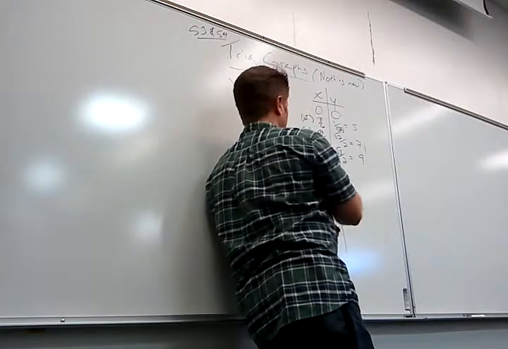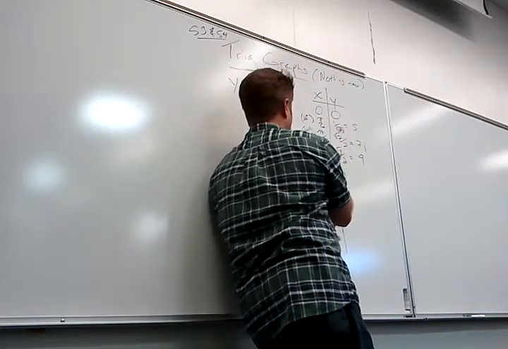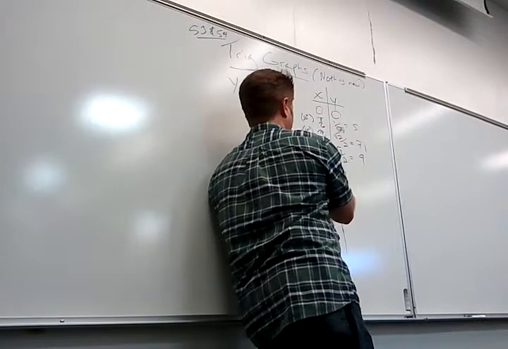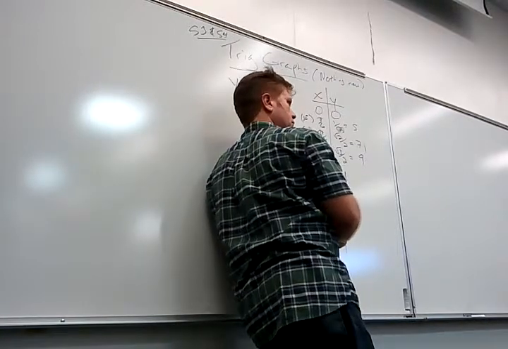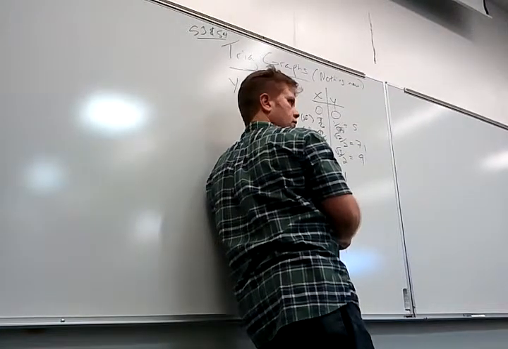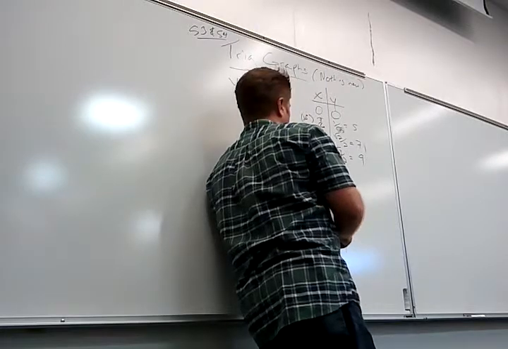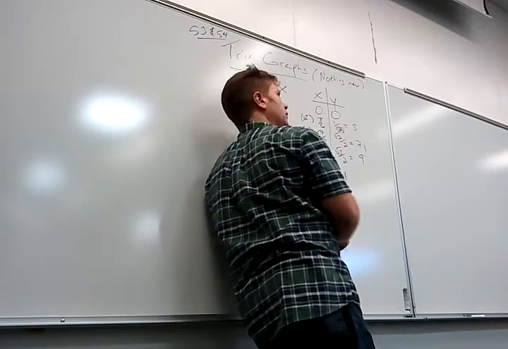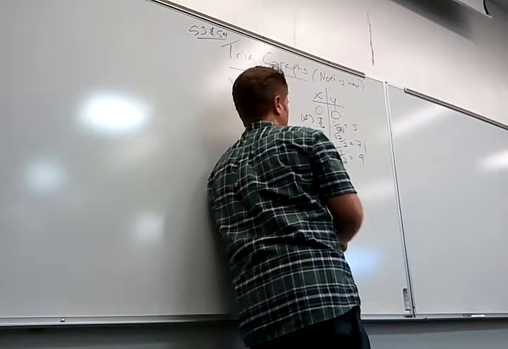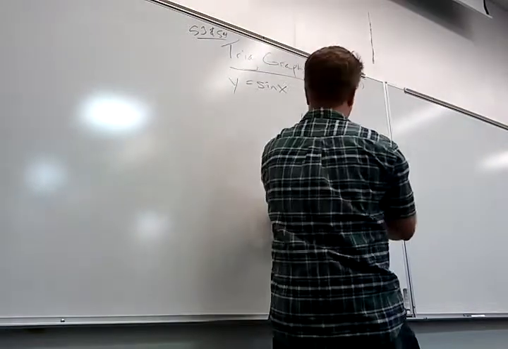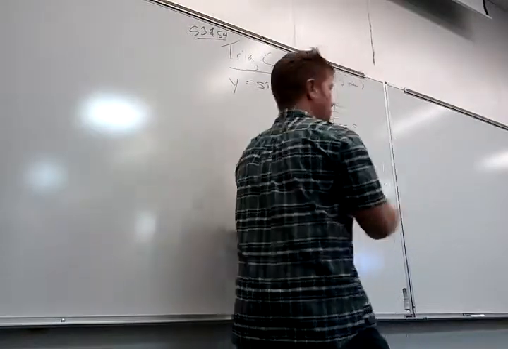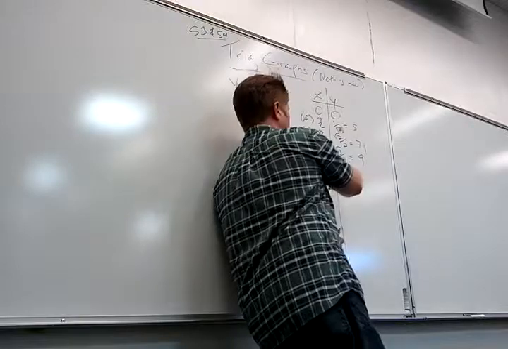Pi over 6. Good. Otherwise known as 30 degree reference angle. So negative. Is that the right place? No, I went too big of a step, sorry. Kind of going backwards. Hold on. I'm one step ahead of myself.